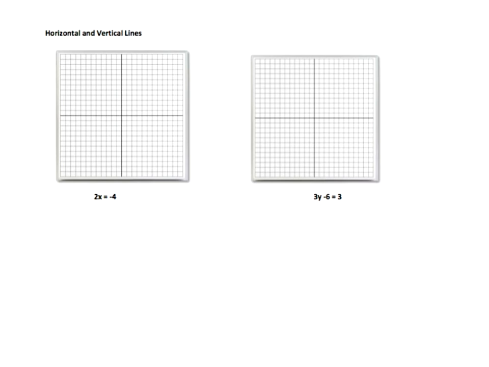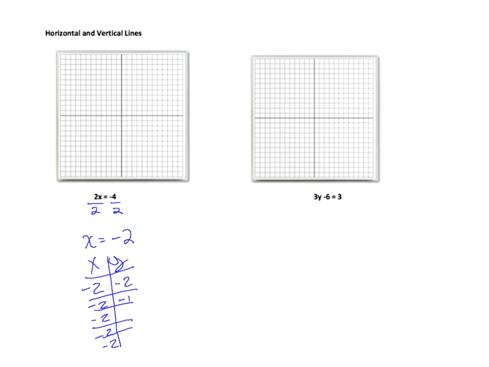With this particular equation, I would first want to isolate my variable. So I divide both sides by 2, and I get x equals -2. What this says is no matter what y is, x is -2, no matter what y is.